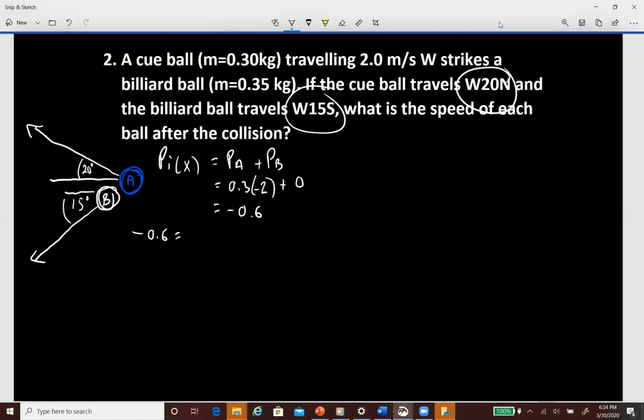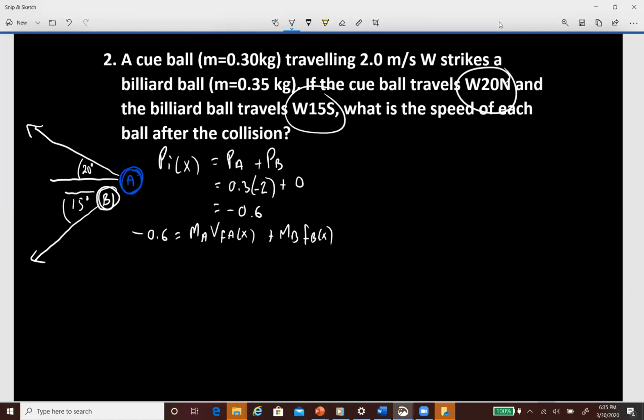Well, we know the angle. So what we could say is that the mass of ball A times its final velocity, but in that X direction, plus the mass of ball B times the final velocity of B, again in that X direction, equals negative 0.6.